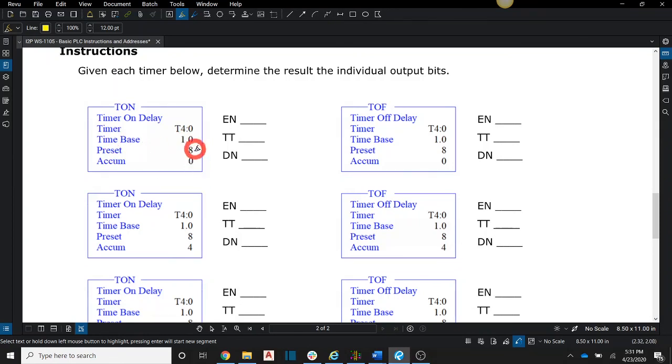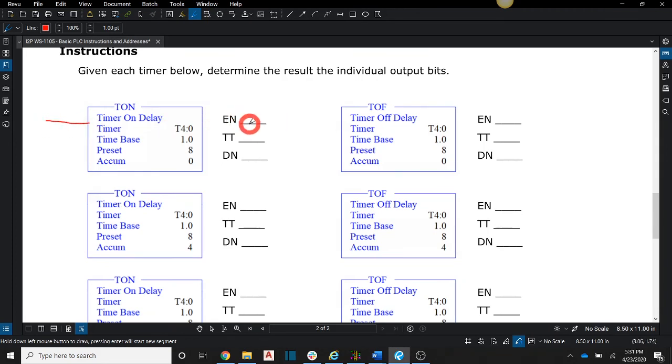And we can examine our preset and our accumulated value and make a determination about the three output bits. So first off, our first output bit is our enable bit. Our enable bit is going to mimic whatever is happening on the rung coming in. So whatever I have coming in here is what is going to be set on the enable bit.